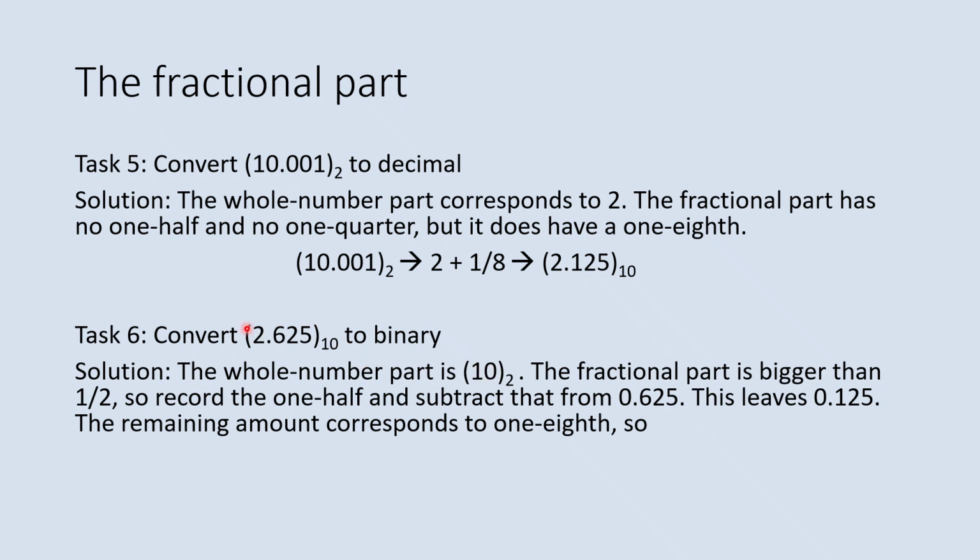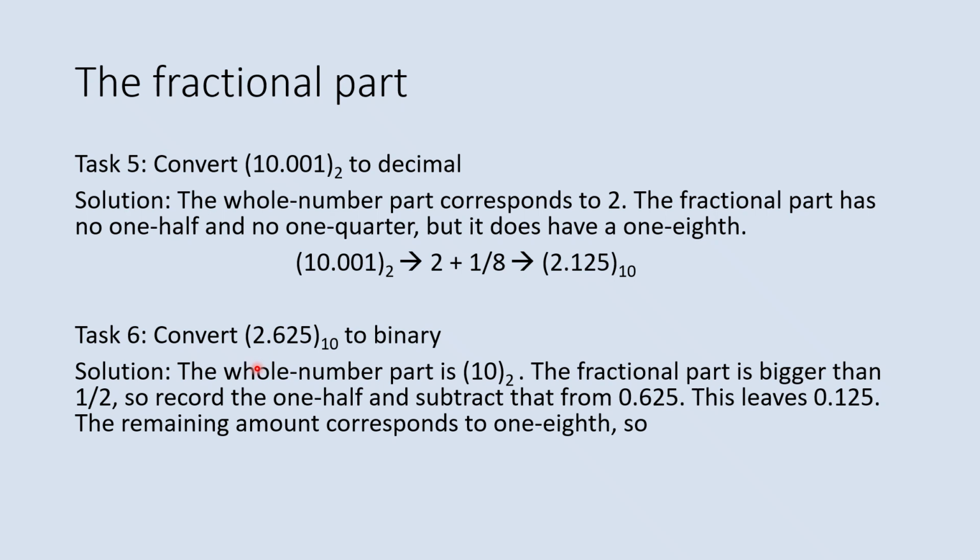So on the left-hand side, we have 1, 0. But what we have left then is this fractional part of 0.625. And 0.625 is bigger than 1/2, so there's a 1/2 in there. So that means that the very first value after our binary point is going to be a 1.